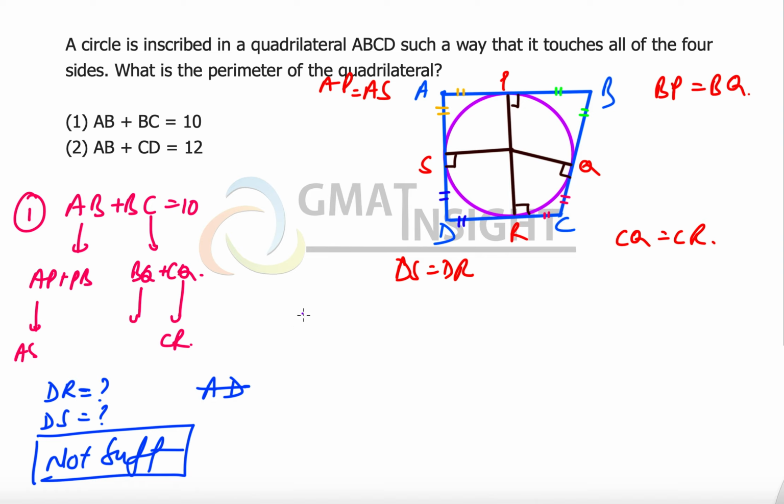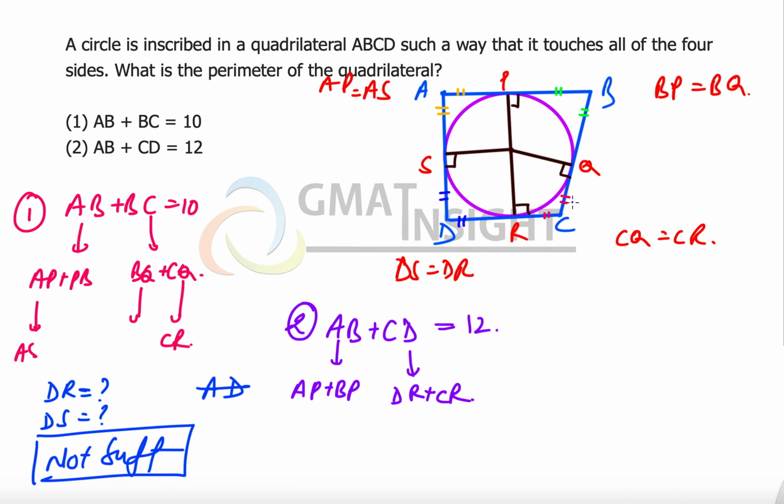So now let's quickly check the second statement. The second statement, on the other hand, says that AB plus CD is equal to 12. When we know that AB plus CD is equal to 12, AB can be broken down as AP plus BP. CD can be broken down as DR plus CR.